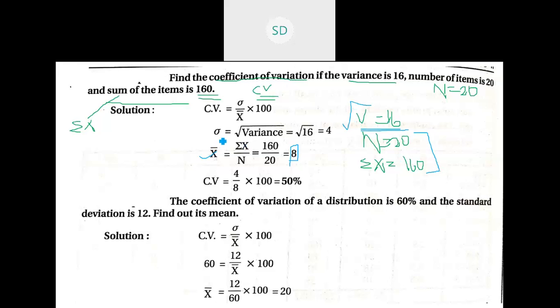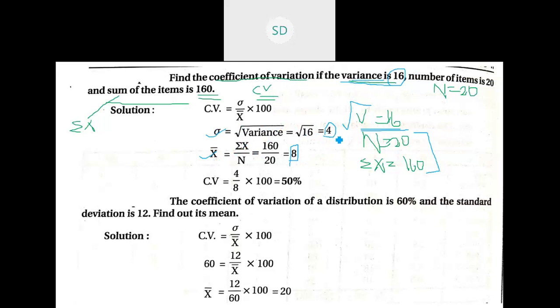So standard deviation is equal to the square root of variance, which is the square root of 16, which is equal to 4. So we got standard deviation by taking the square root of the variance given in the problem.